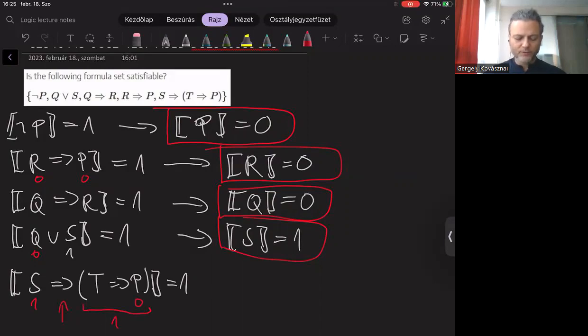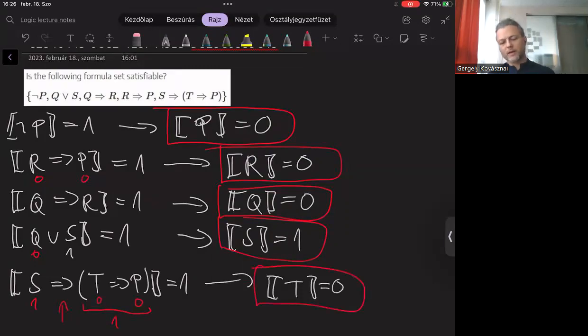And how to make T implies P 1? Well, since P is 0, there is no other way than to set T to 0. Exactly. So we just derived that T must be 0. And now we are done. So we found an interpretation which assigns 0 to P, Q, R, and T, and 1 to S. And since we found such an interpretation, we proved that this formula set is satisfiable.